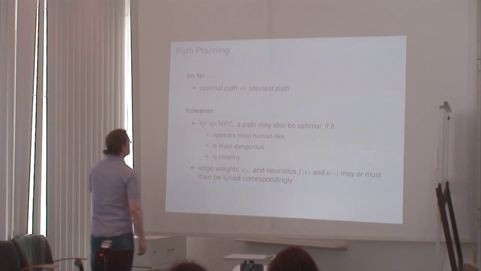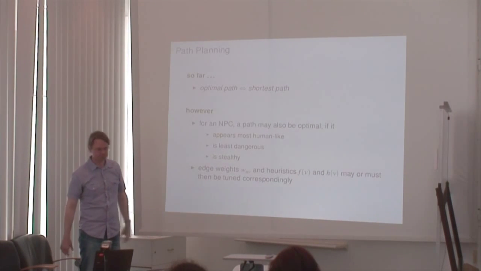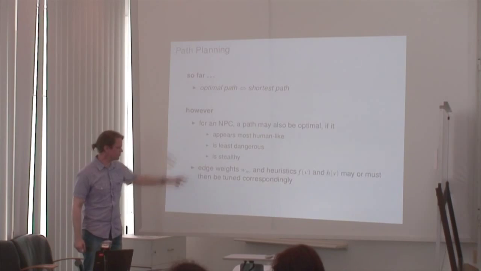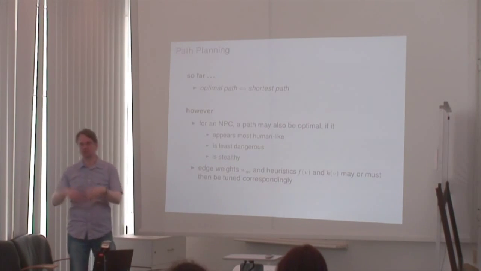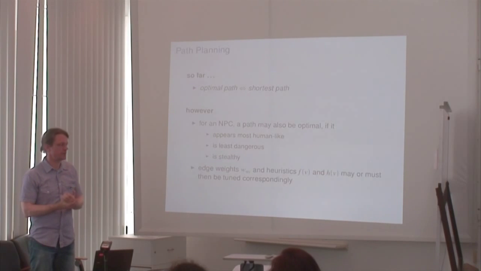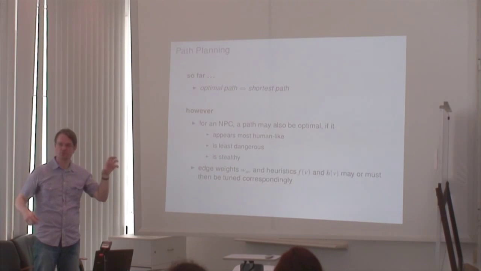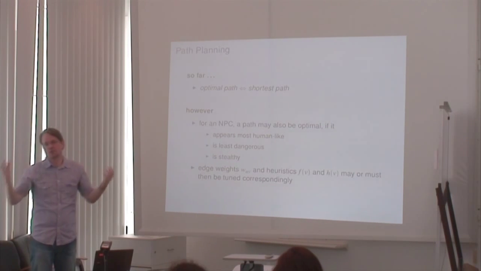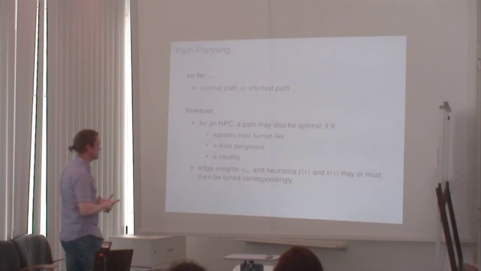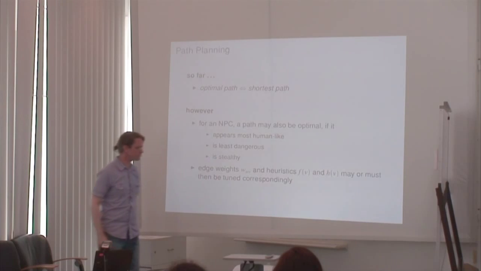Given what we have done so far, an obvious solution to address this issue would be to choose the edge weights in the graph correspondingly. If we were able to use weights that would encode the stealthiness or sneakiness of a transition from one waypoint to another, then we can come up with paths that somehow optimize criteria like these.